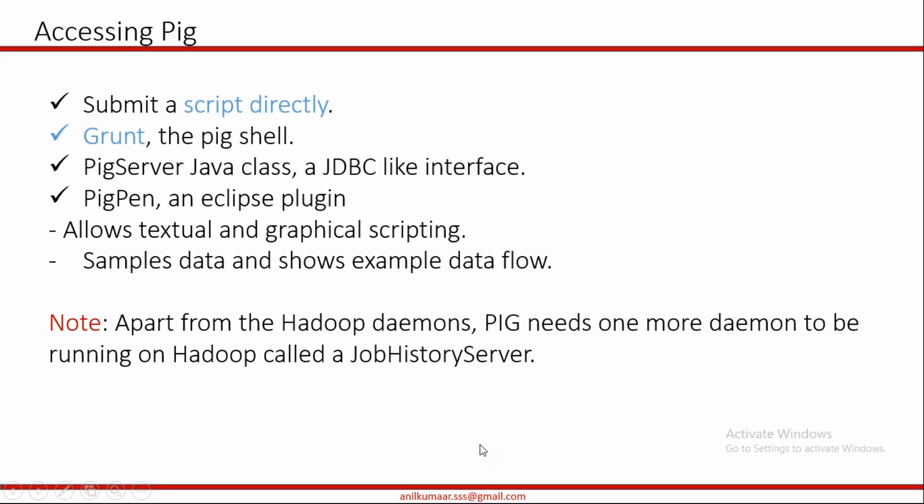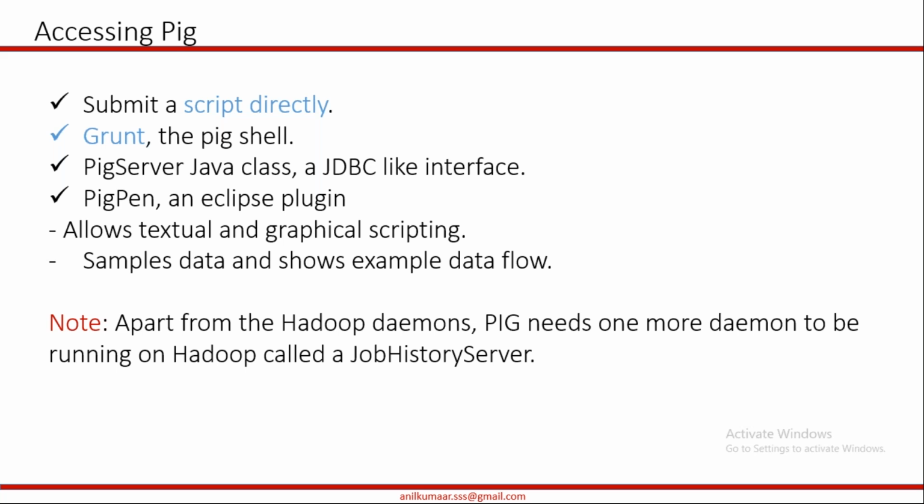And of course, please do remember, Pig needs one more daemon to be running on Hadoop: the job history server. Whenever you're running any Pig jobs, the job history server is mandatory along with your Hadoop and YARN daemons. Hadoop daemons means NameNode, DataNode, and Secondary NameNode, and the ResourceManager and NodeManager, which are related to YARN.